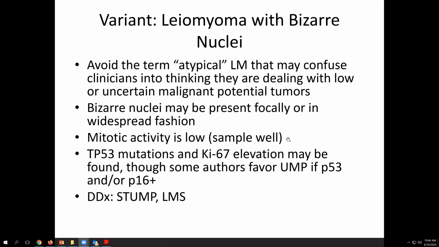Though sampling should be adequate, and you may occasionally want to consider a stain like a phosphohistone H3 stain to verify that the figures are not mitotic figures, but are actually just bizarre nuclei. If we find a TP53 mutation or elevated Ki67, or possibly p16 positivity, some authors will term those tumors smooth muscle tumors of uncertain malignant potential.